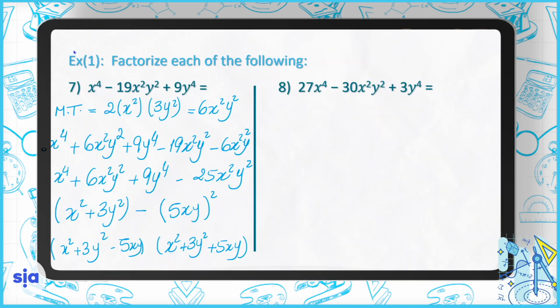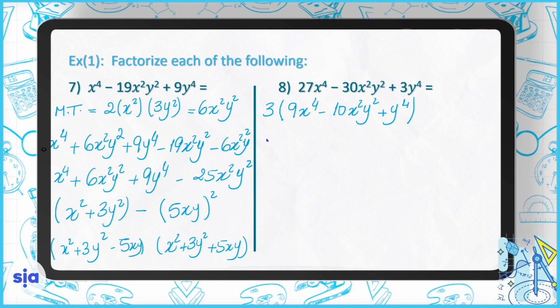So here in this one, it's not a perfect square, but it has an HCF which is 3. If you divide all by 3, it will become 9x power 4 minus 10x squared y squared plus y to the power of 4.